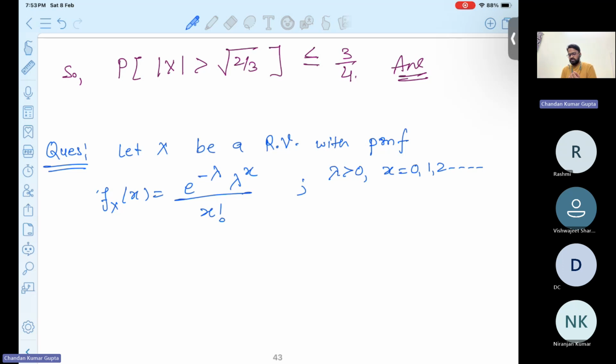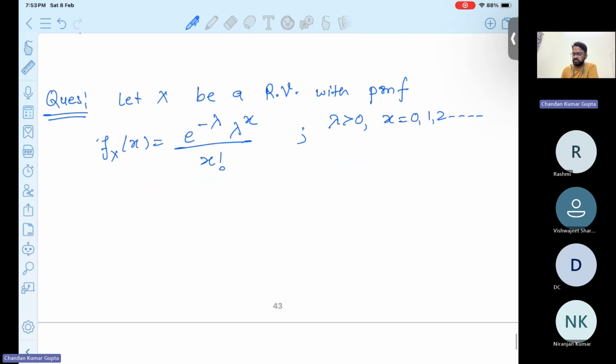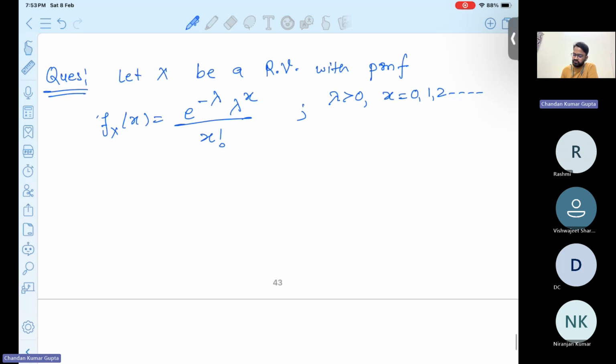Since we have not read the Poisson distribution till now, we are given the PMF, and we need to construct, not calculate, the probability generating function. With the help of the probability generating function, we calculate the mean and variance of the random variable as well. Okay, let's start.